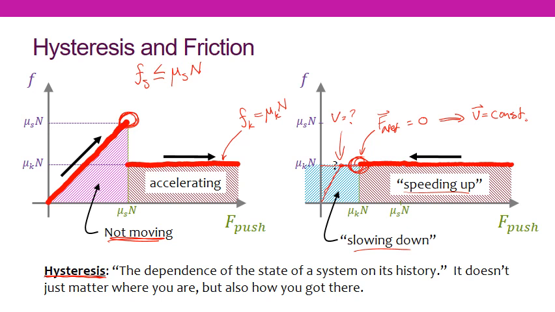If you've ever dealt with chemistry, you might have seen supersaturated solutions, or supercooled or superheated systems. These are examples of hysteresis, where the state, again, depended on how you reached it.